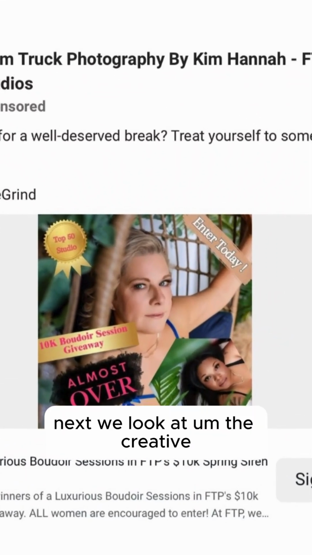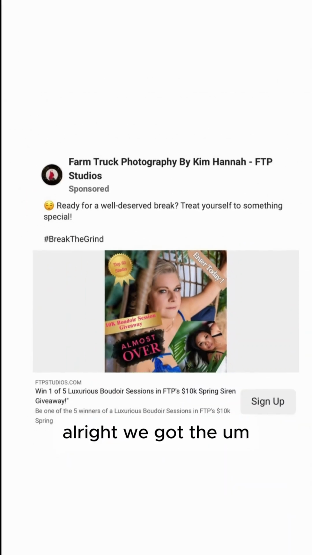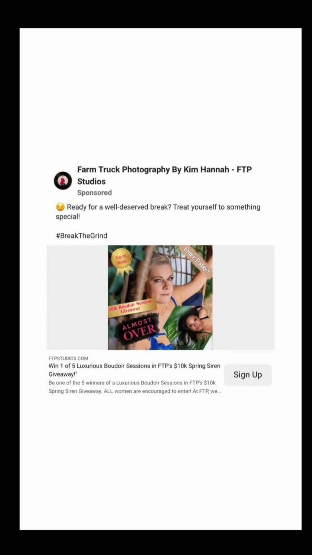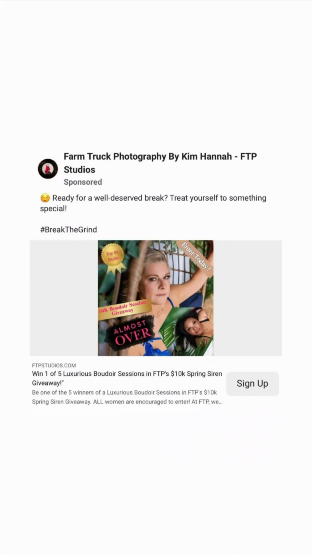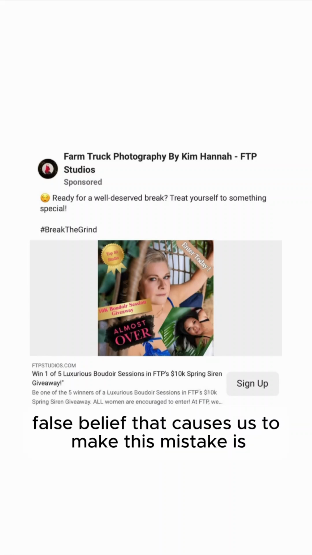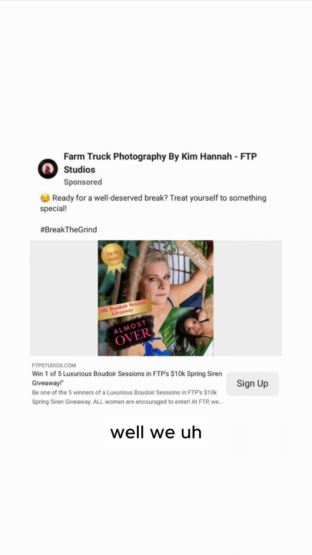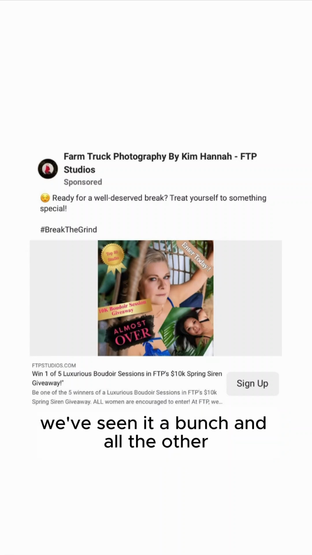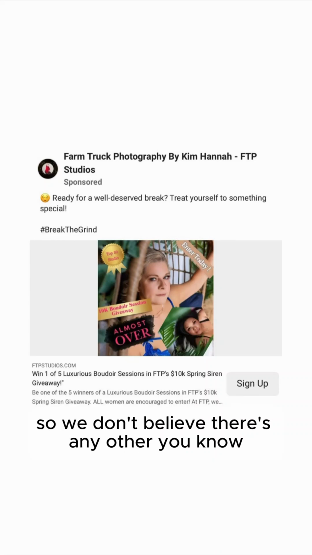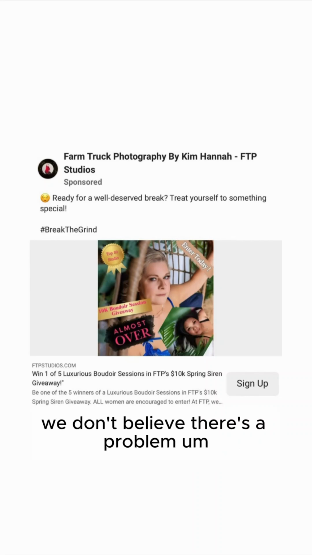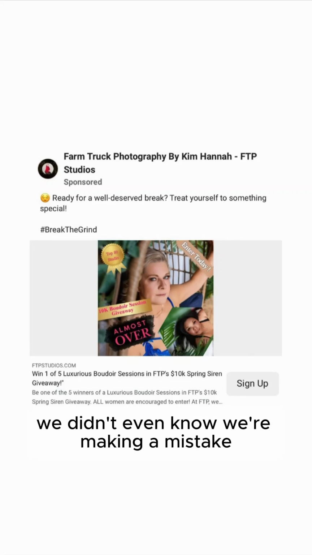Next, we look at the creative. It looks like an ad mistake here in the photo. The creative makes it look like an ad. The false belief that causes us to make this mistake is that we've seen it a bunch in basically all the other Boudoir Facebook ads we've seen, so we don't believe there's a problem. We didn't even know we're making a mistake.